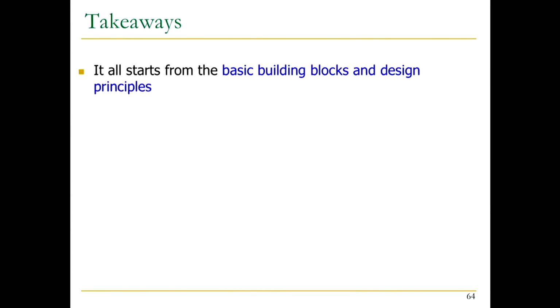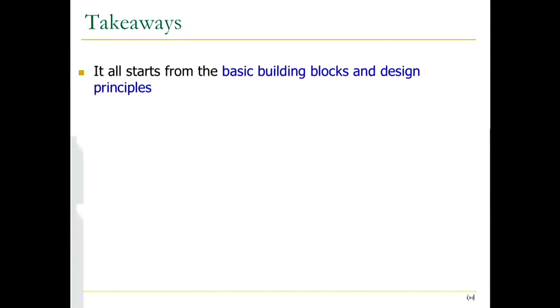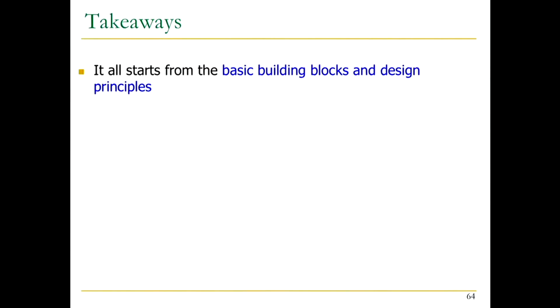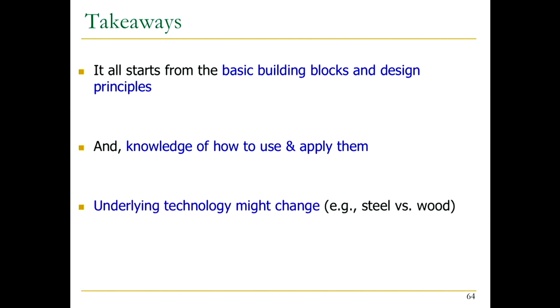Okay, so takeaways. Why am I showing you all of this again? Basically, it all starts from the basic building blocks and the design principles, and the knowledge of how to use and apply them, right? This is really critical. That's true for computer design. That's true for building design. That's true for any design. And I'll say this is going to be really, really important. Underlying technology might change. It could be steel, it could be wood.